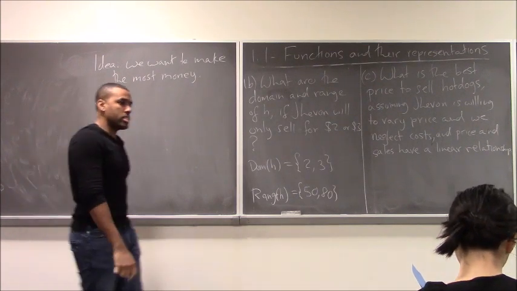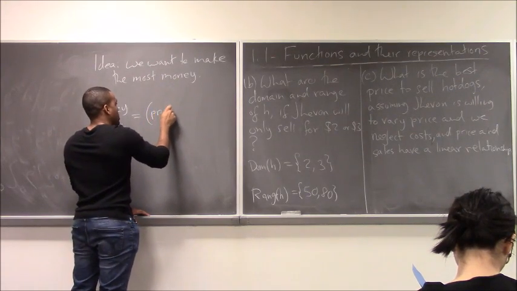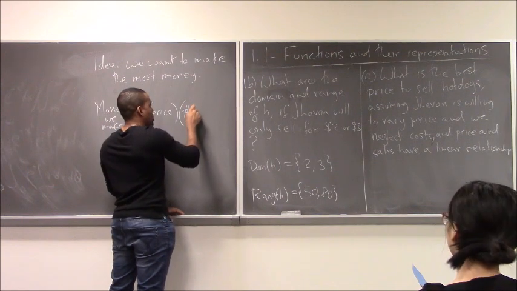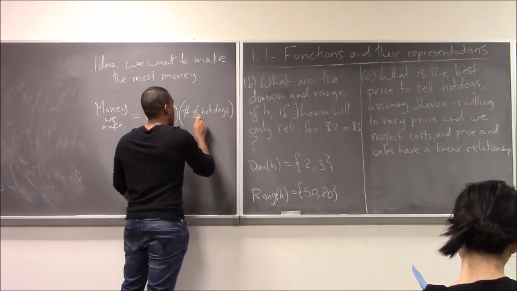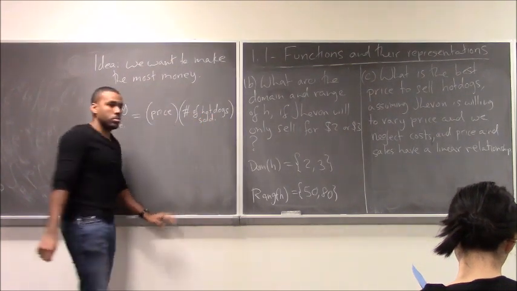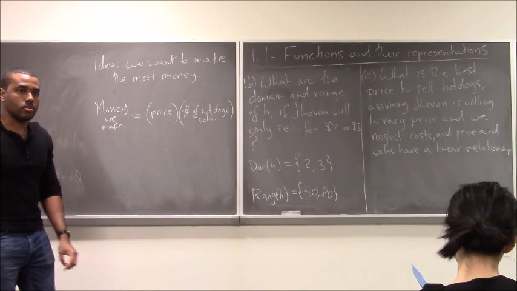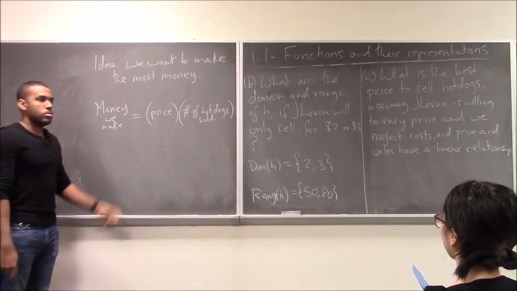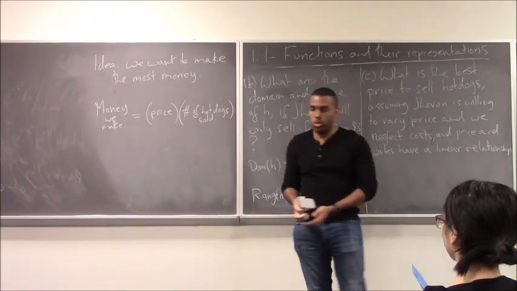Right? In very simple terms, it's going to be the price that we're selling the hot dogs for times the number of hot dogs sold. By the way, what you just did was you invented another function. Okay? This is a rule that's going to tell me how much money I make. Okay, so let's start there. What can we do now?